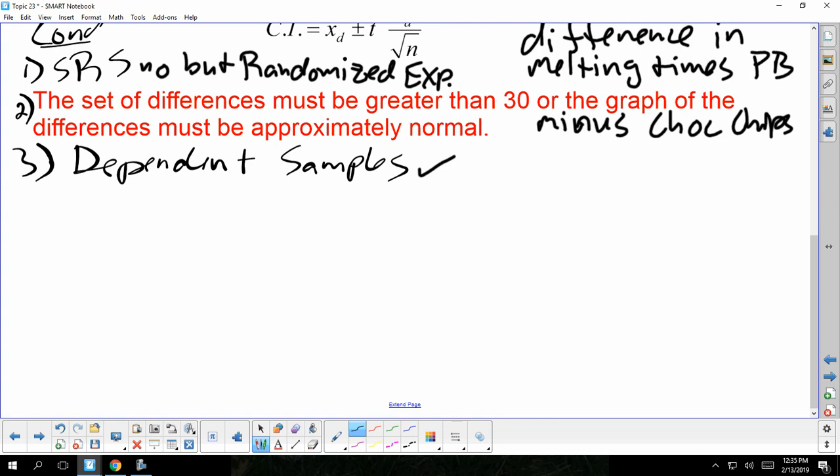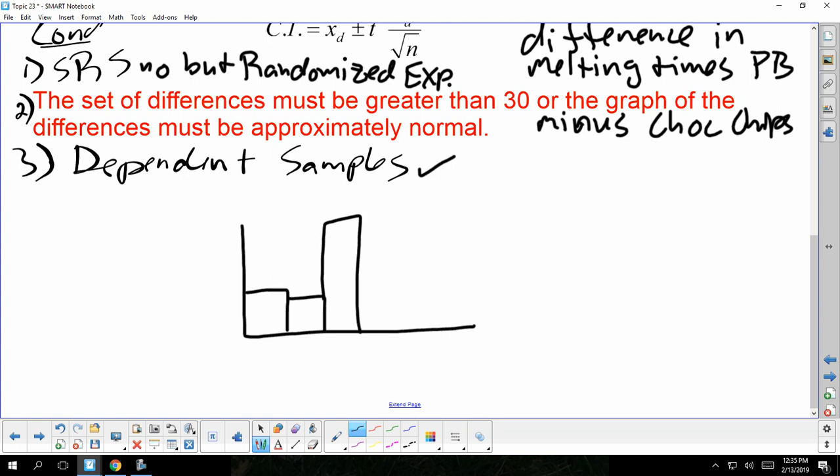My differences are fairly symmetric, with a couple of small outliers. So it may not be normal. Those ones with extreme differences.